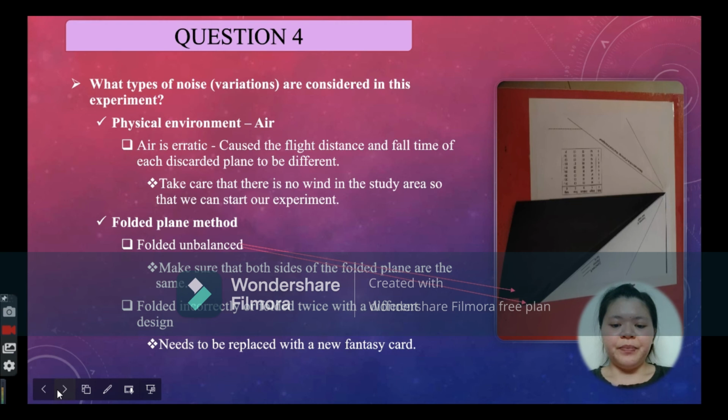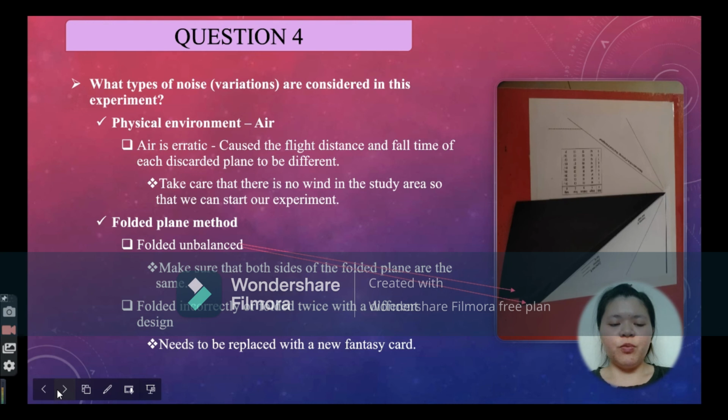In fact, we need to take care that there is no wind in the study area so that we can start our experiment. The second type of noise variation considered in this experiment is the plane wing. If there is a plane wing that is unbalanced, it will affect the smooth flight of an aircraft.